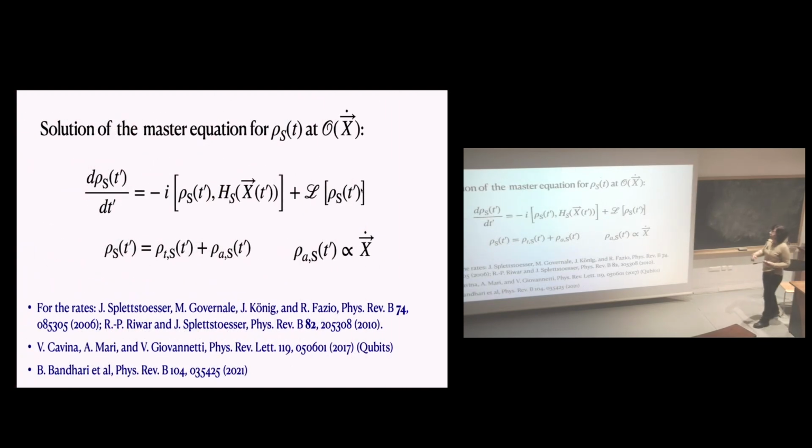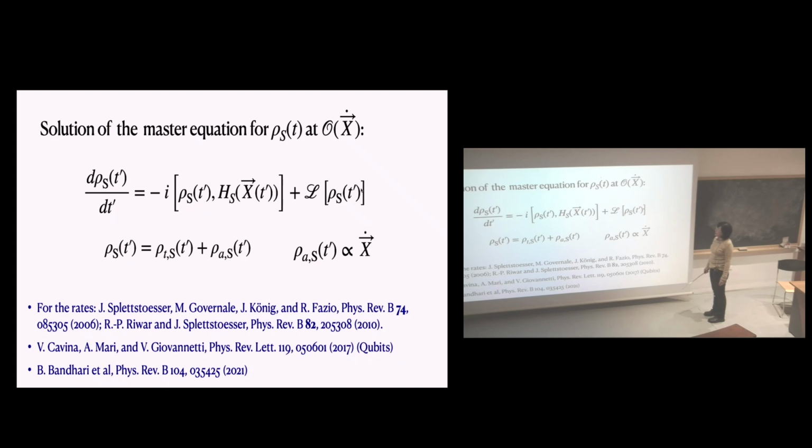So let's try to see if we can implement in this language this adiabatic decomposition I introduced before. This was done some time ago at the level of the rates, but it can also be implemented for the full Lindblad equation and for the full density matrix.